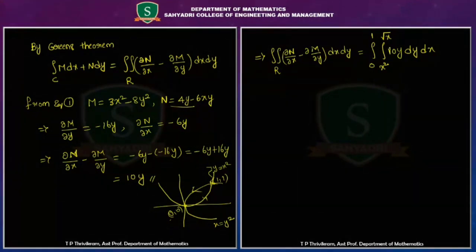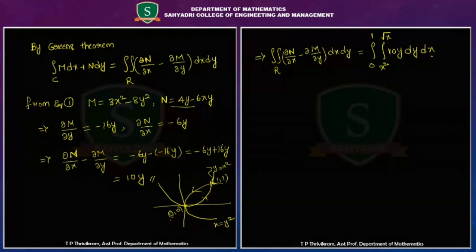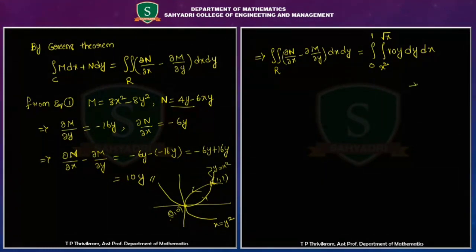Any doubts? Whenever you are taking dx, you are thinking in horizontal manner. Whenever you are thinking of dy, you are thinking in vertical direction. Okay. So if you remember these points, then writing the limits is very easy.